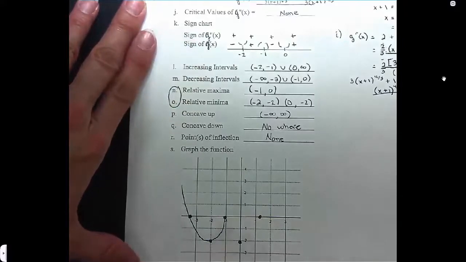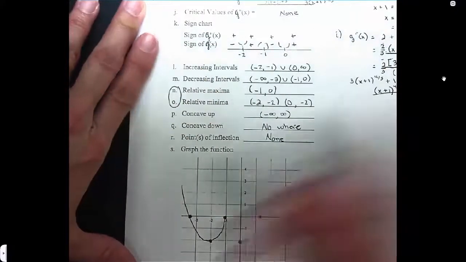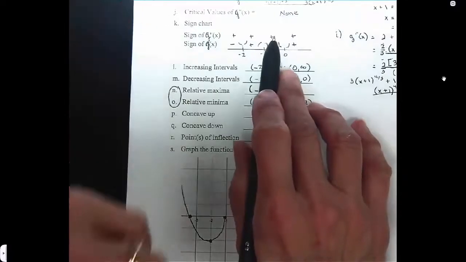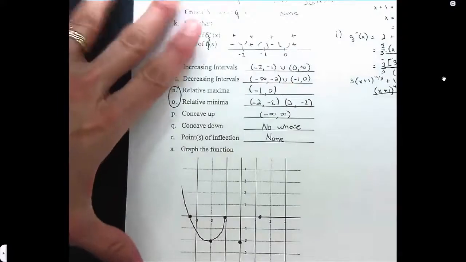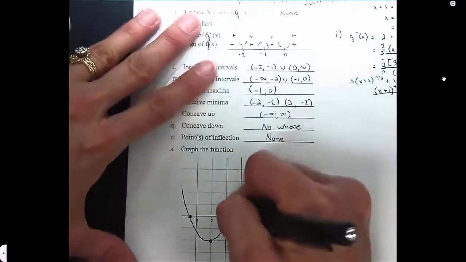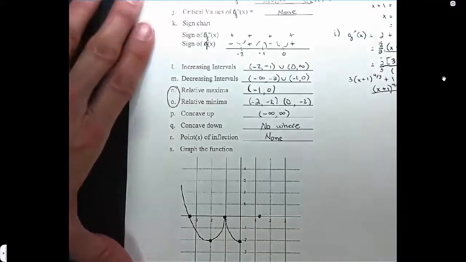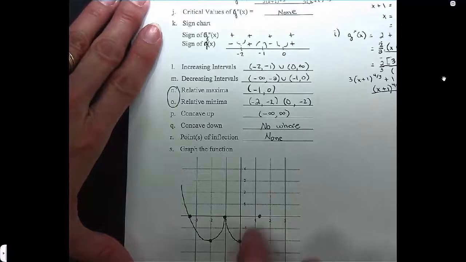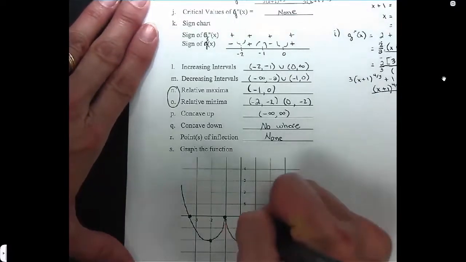And then from -1 to 0, it's supposed to be decreasing and concave up. And then from 0 to 1 point something, it's supposed to be increasing and concave up.